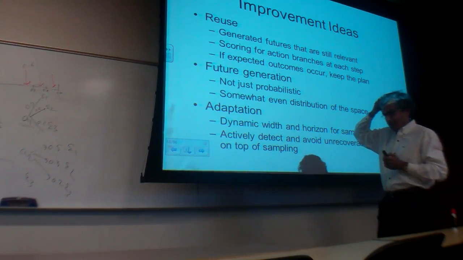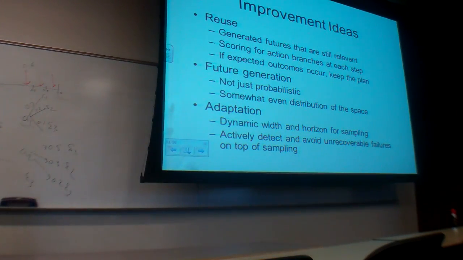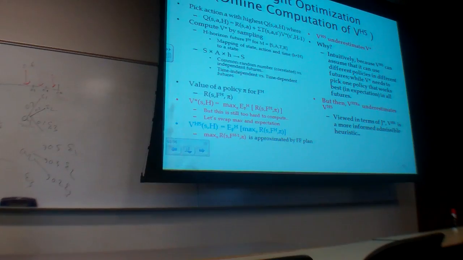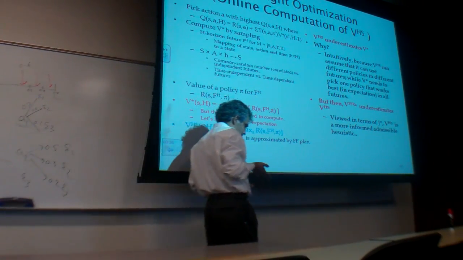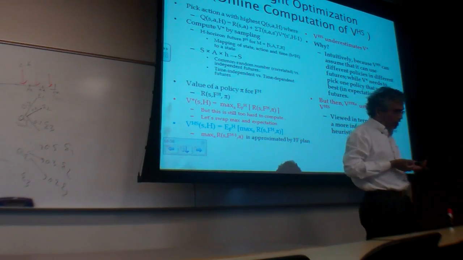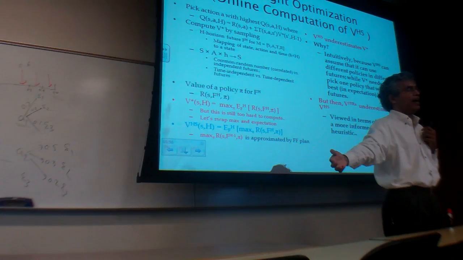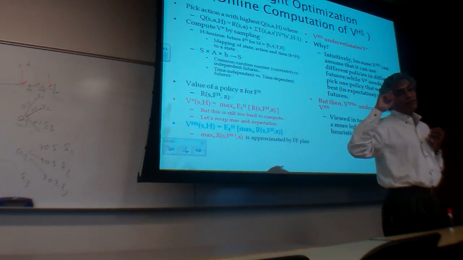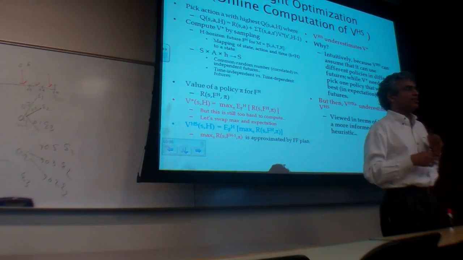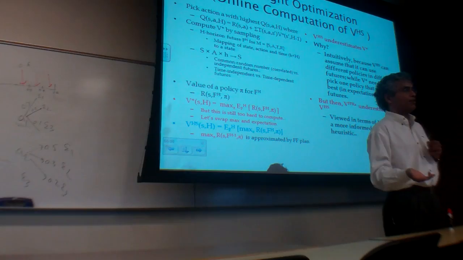So as I said, they have results which mostly show that in domains where certain outcomes will lead you to very bad states, states with very high negative rewards, the FF all outcome determinization tends to be too optimistic and thinks that nothing bad can happen to you.